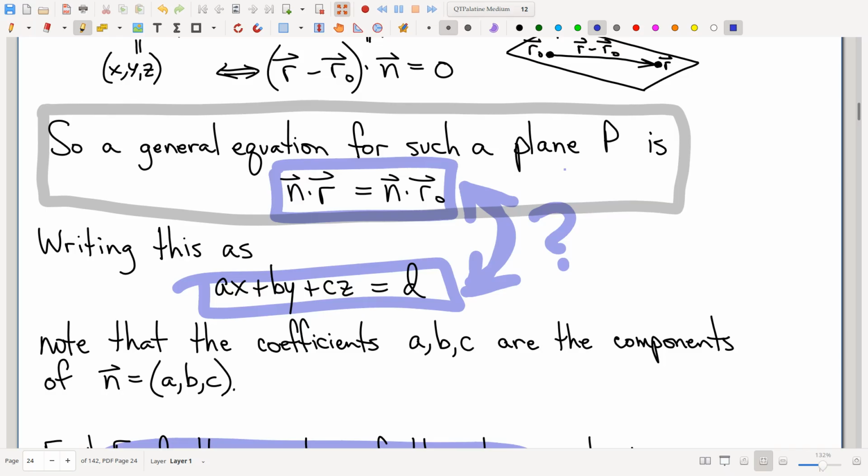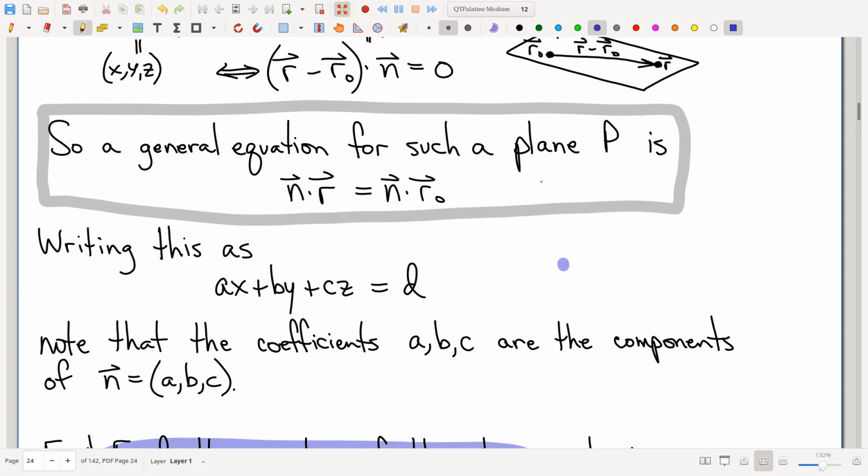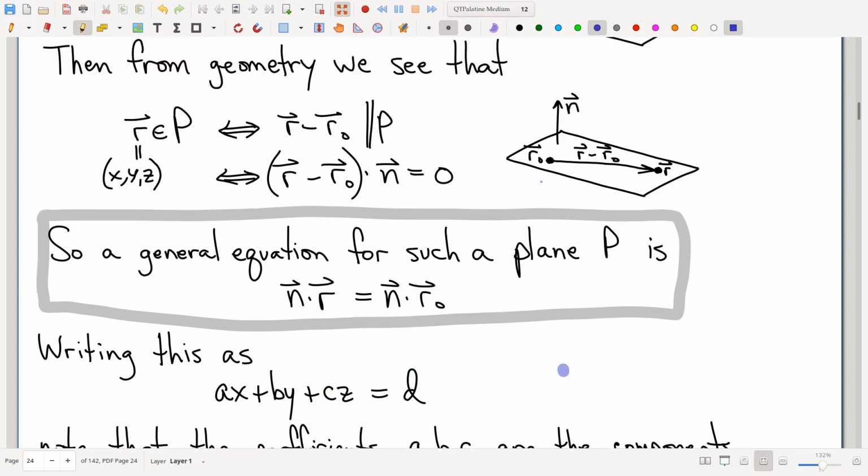Why wouldn't d always be 0, and ABC is the normal vector? Wouldn't it always be, if it belongs, perfect? Yeah. So what you have to keep in mind is that this r naught here, you can think of it as a point. We're using it as a point here, right? But when it participates in a dot product, it's a position vector for that point, which means it's measured from the origin.